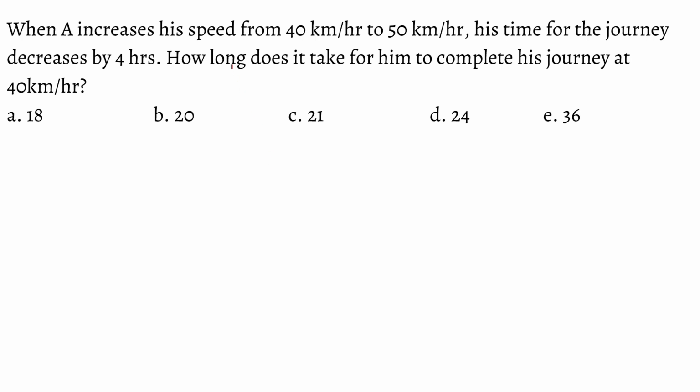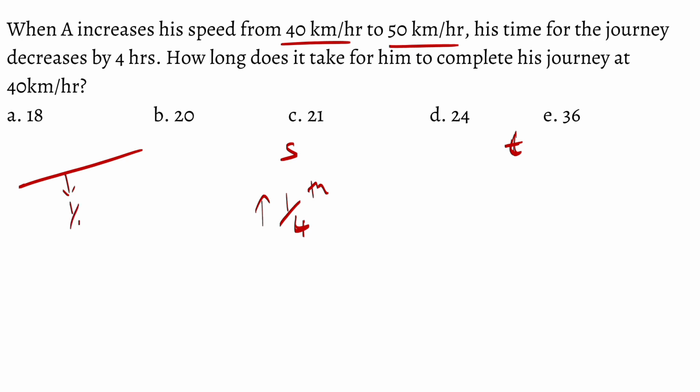So speed increased from 40 to 50 km per hour. That means speed increased by 1/4, right? 1/4 has been increased. This is speed. So what about time? How much must time be reduced? See, in the number line I told you, if this is 1 by 4, then if you move one step forward, you are trying to find the decrease value.